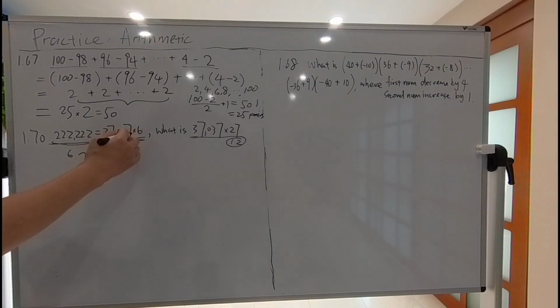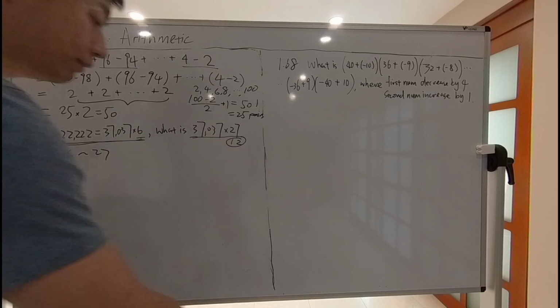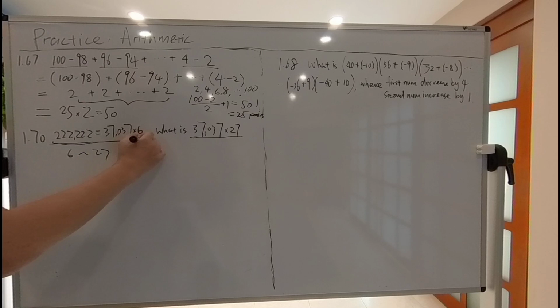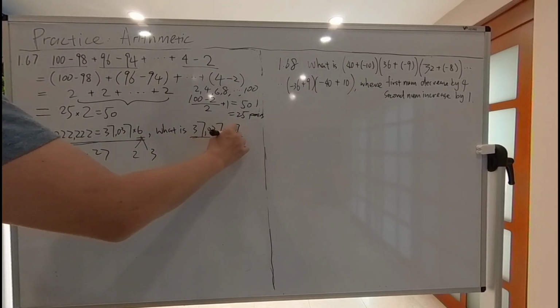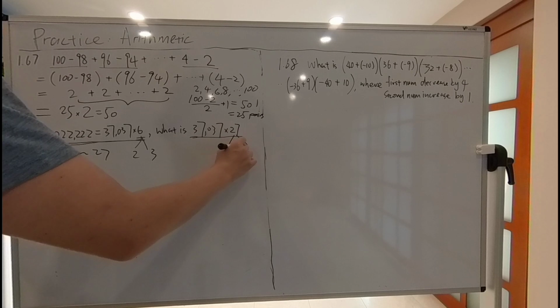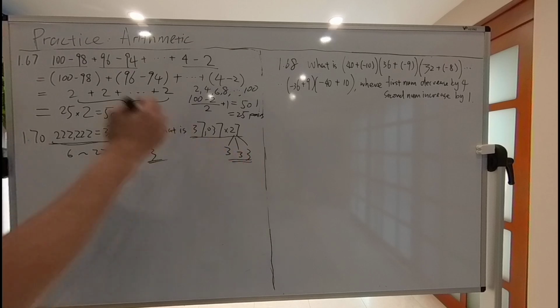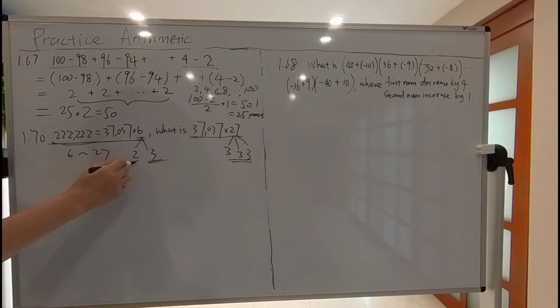But you can still see the common factors between the number 6 and 27. Number 6 is 2 times 3, and number 27 is 3 times 3 times 3, right? So they have the common factor of 3, but the factor of 2 is not a factor of 27.